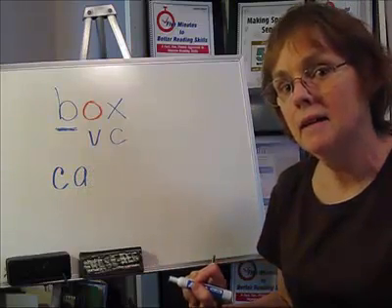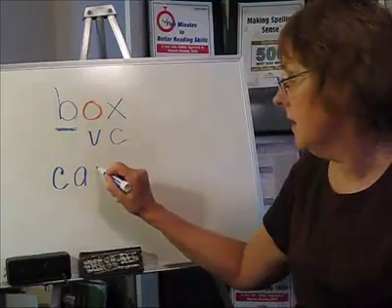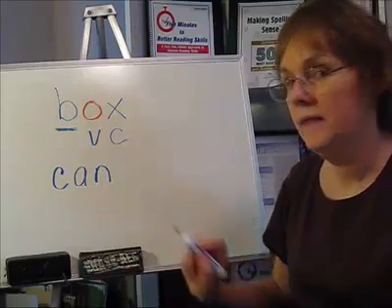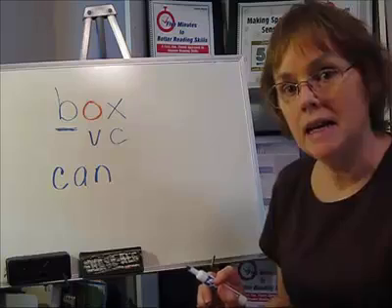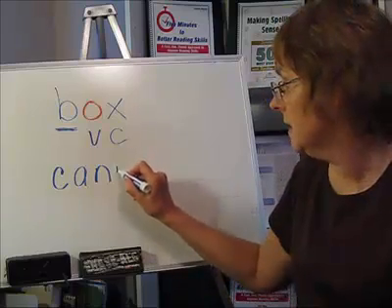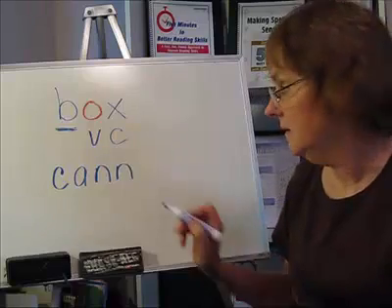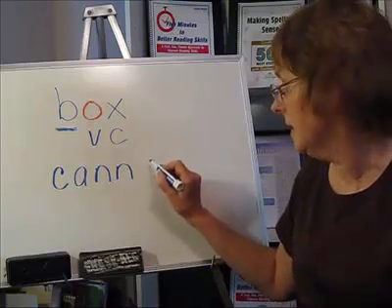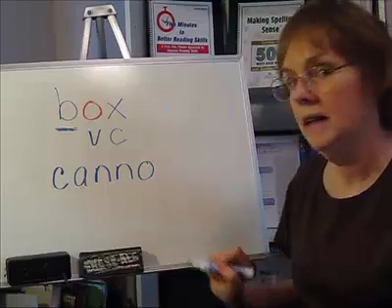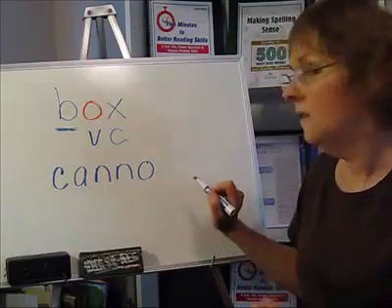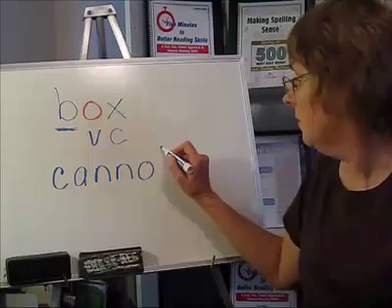N. Wait for them to write it down, then I'll write it down. N. Wait, then I'll write it down. Ah. Wait, then I'll write it down. Then I write the last sound down.